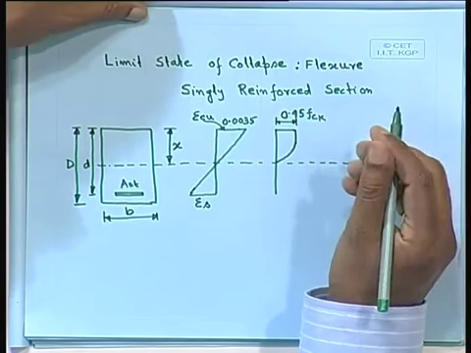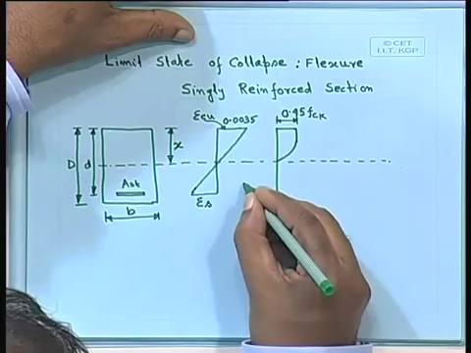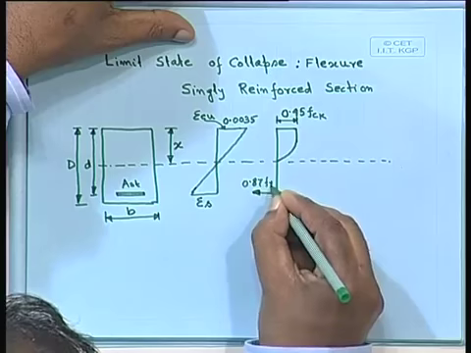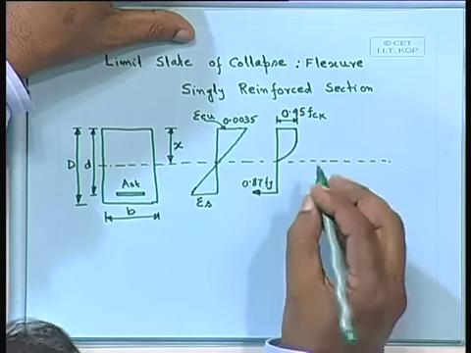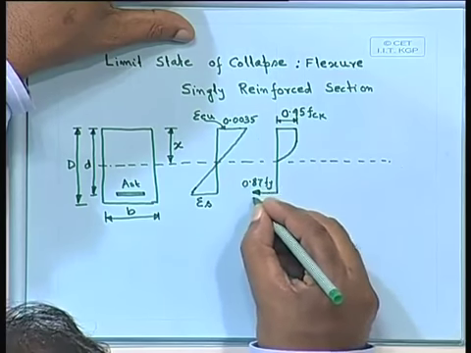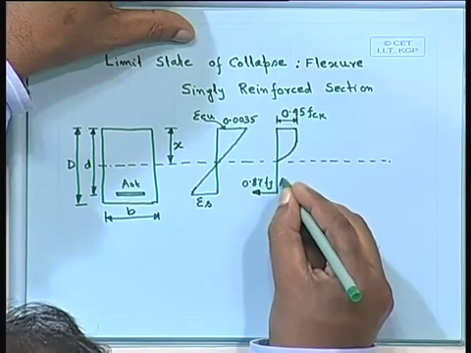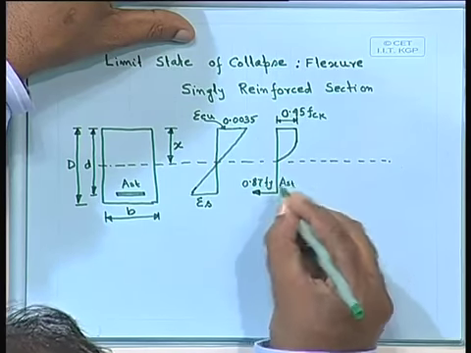What about this steel? This one will be 0.87 fy multiplied by, let us write down here, times Ast. 0.87 fy Ast.